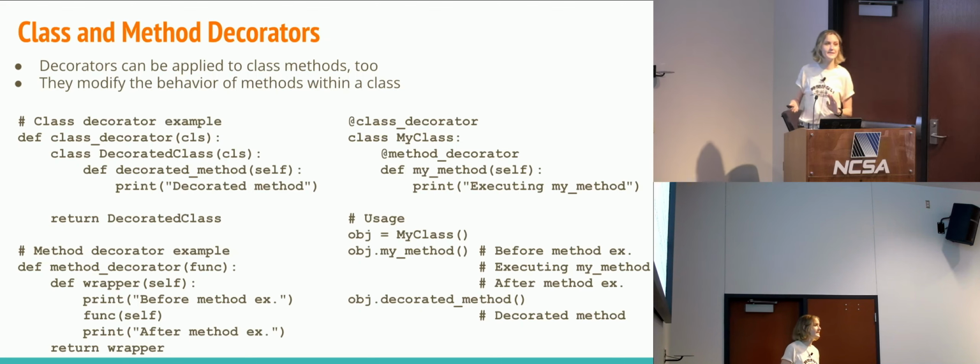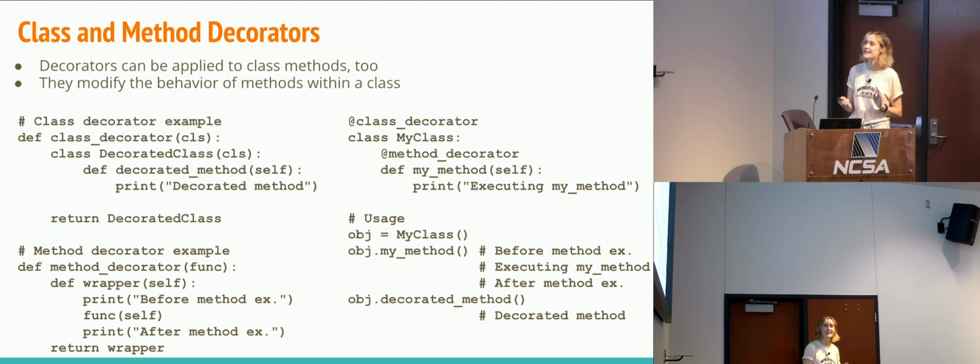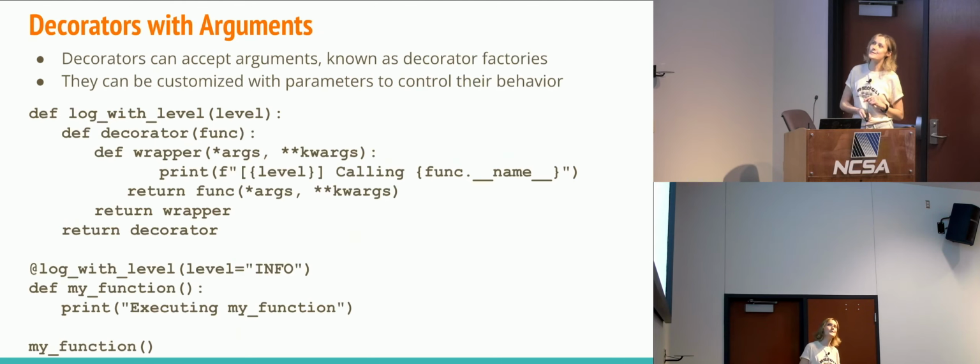I'm not expecting you to memorize all of the syntax here on the spot. We can also use arguments with our decorators, which is very convenient. So we see here we have this decorator factory that lets us define here what level of logging we want. And then we can just go ahead and call that and have that all taken care of for us.